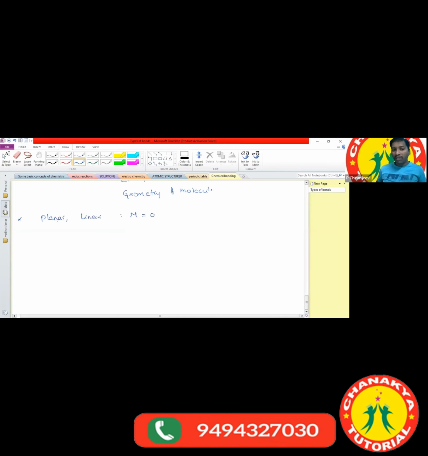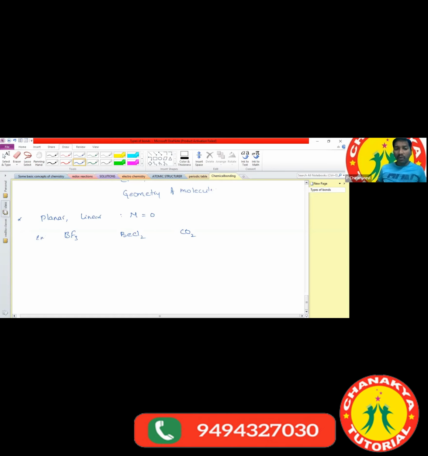Examples are BF3, BeCl2, and carbon dioxide. All these are different examples.